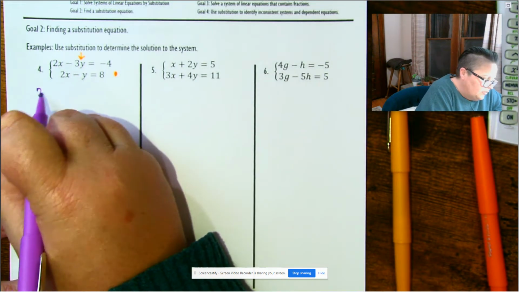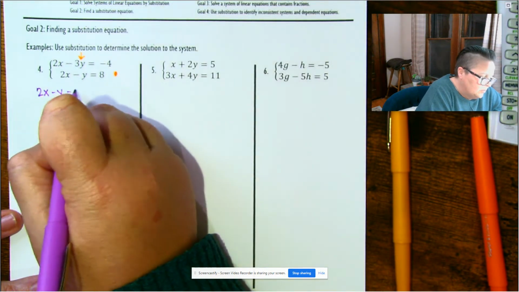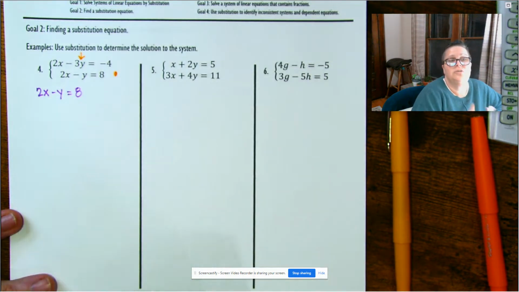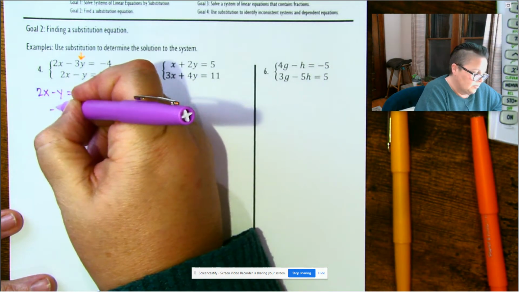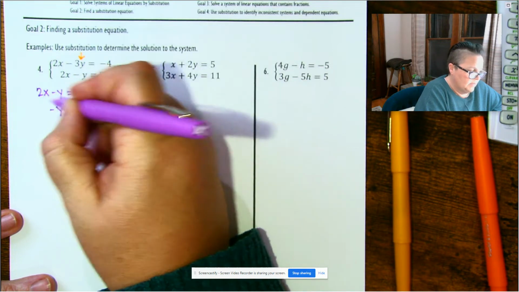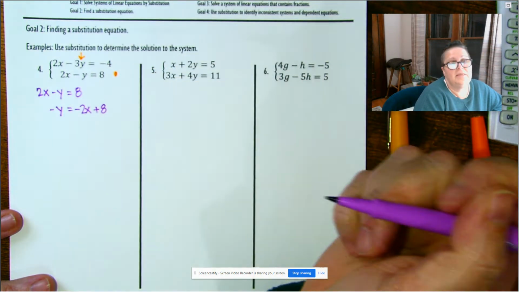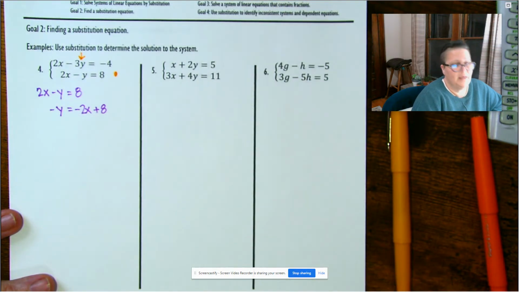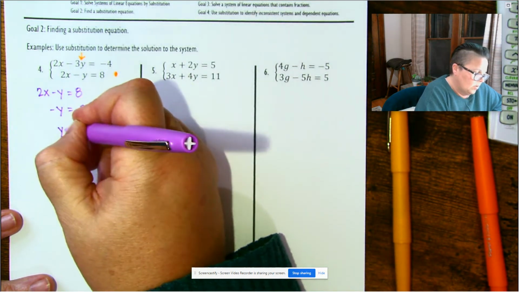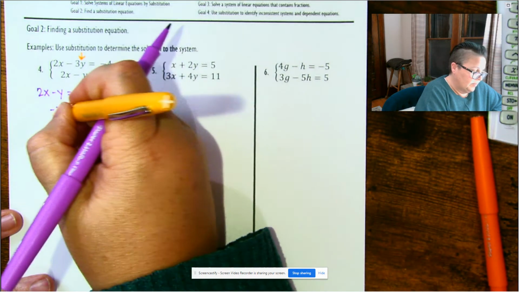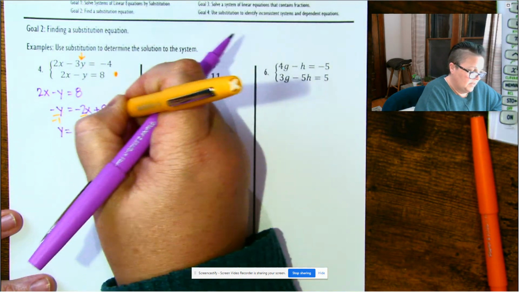So if I have 2x minus y is equal to 8, to solve this for y, I'm going to subtract 2x from both sides. So y would be negative 2x plus 8. And then I'm going to divide everything by negative 1. So y would equal, I'm going to write this part out, negative 1, negative 1, negative 1.